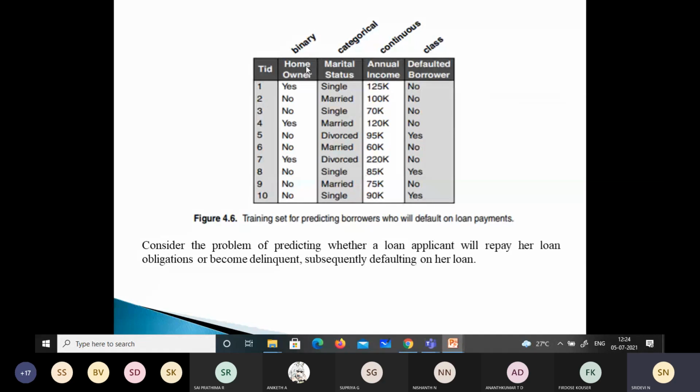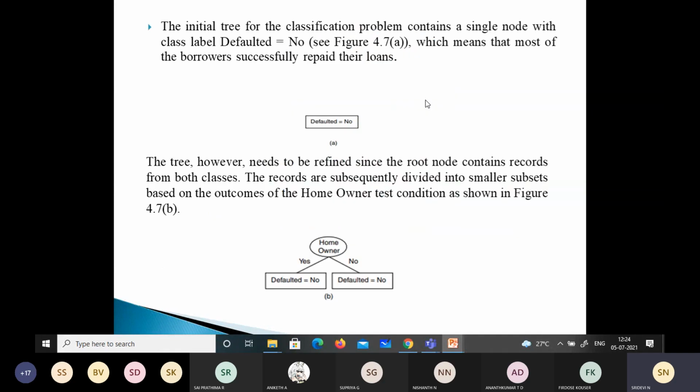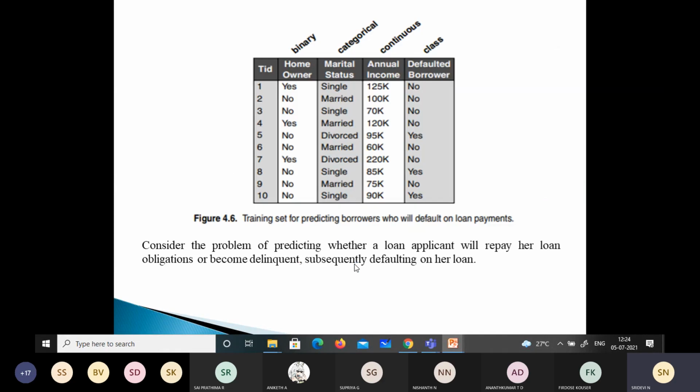So homeowner no, marital status is married. Anyway, default borrower is no only, because see here, by default it is no only.